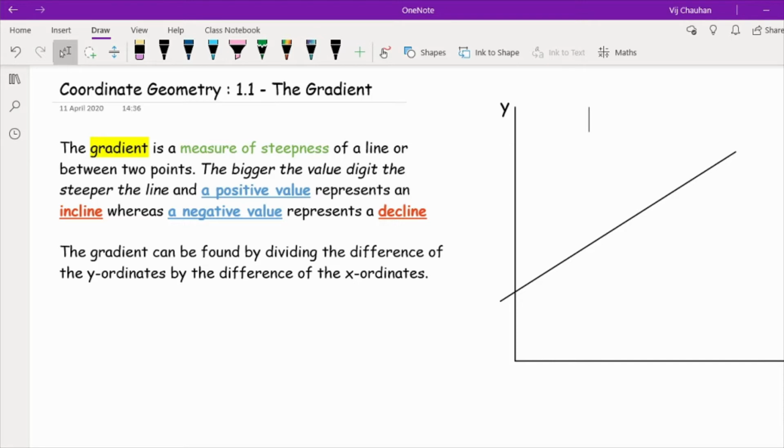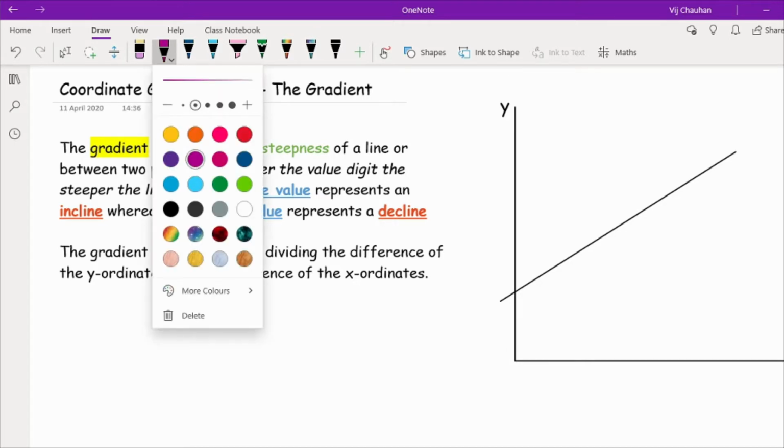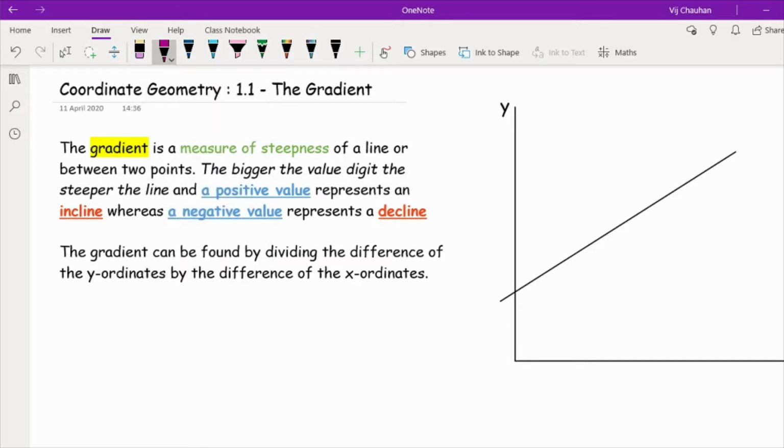So back in the days when you would have done this from a graph, what your teacher may have suggested that you do is, for example, if I was asked to work out the gradient of this line here, I'd pick two coordinates, any two coordinates.